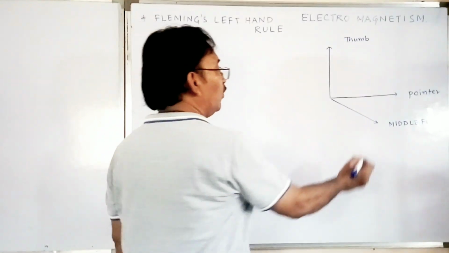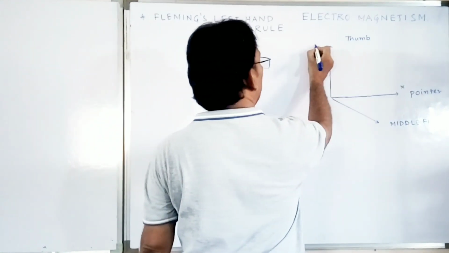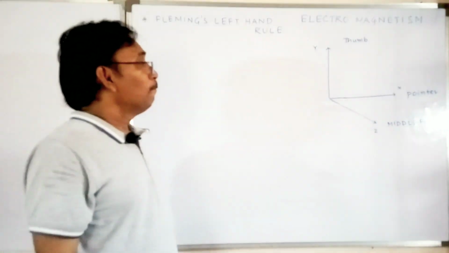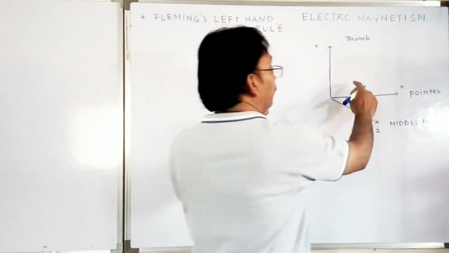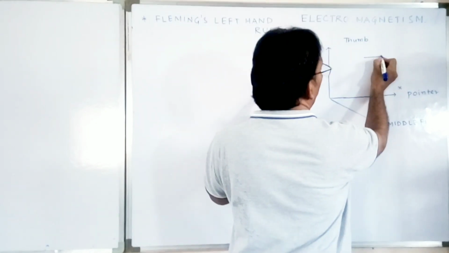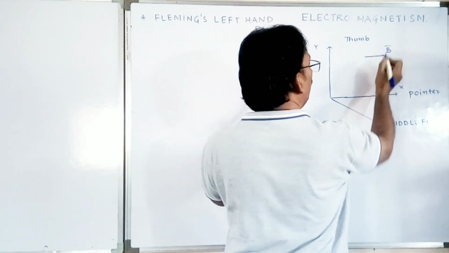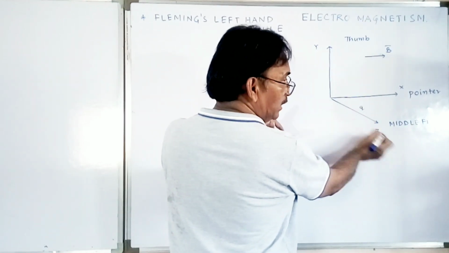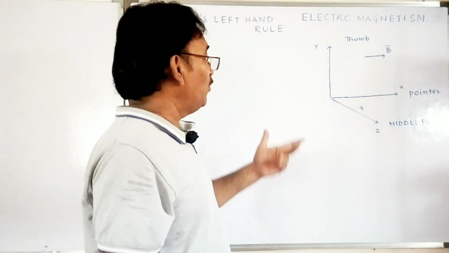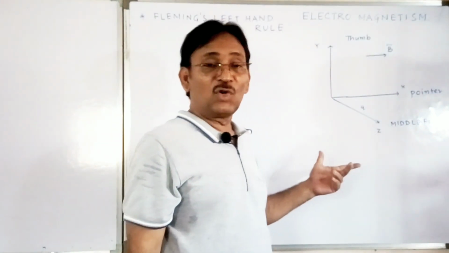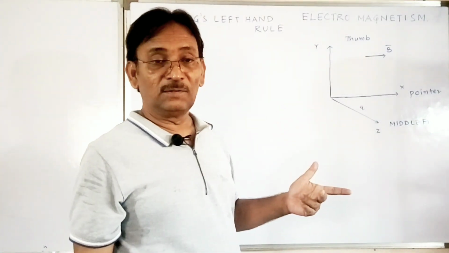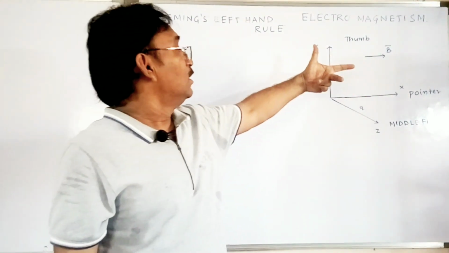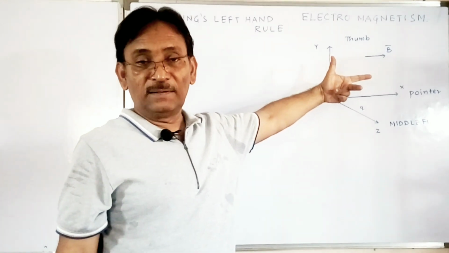They are mutually perpendicular to each other, these three. And see, here it is the direction of the magnetic field as shown before. Here is the motion of the charge, or you can say the motion of the conductor. Then we have to find out the direction of the force acting on the conductor. If we say it is the charge or the conductor, here, see, it resembles that.